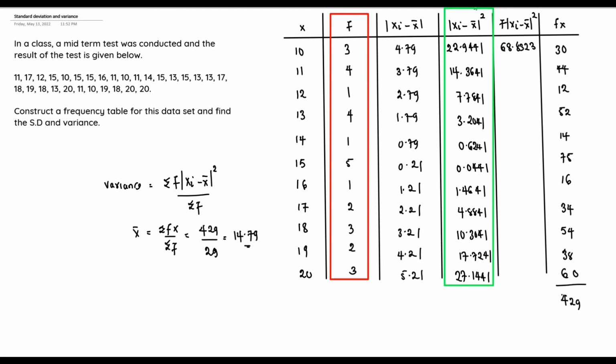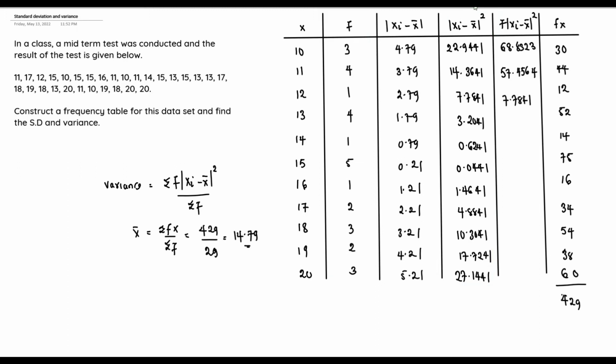We have 4 times 14.3641, and that is going to be 57.4564, and we do the rest in such manner. So we have the product of the frequency with the square of the modulus of deviation.